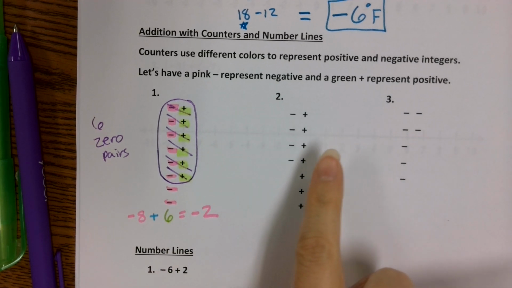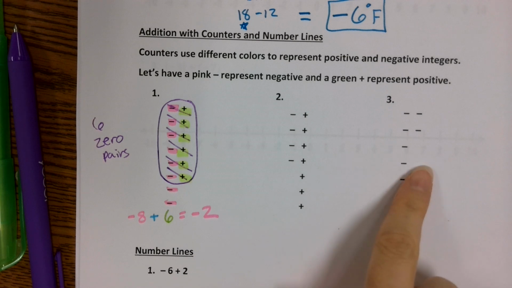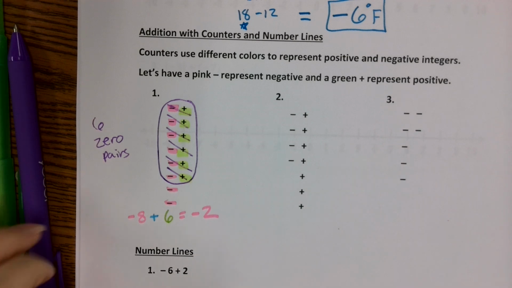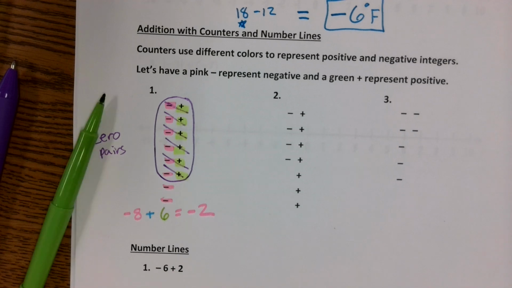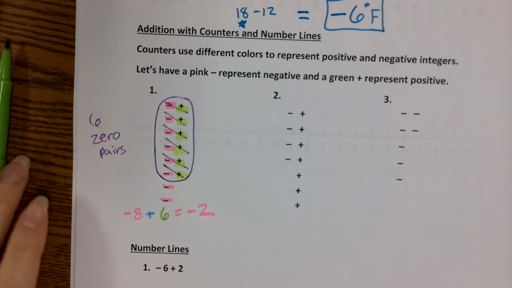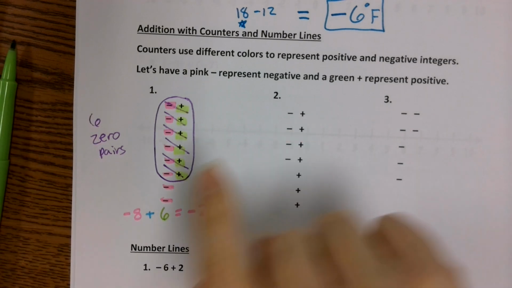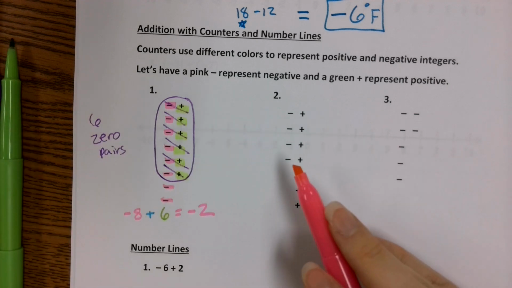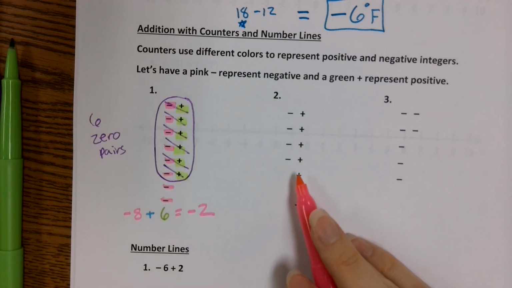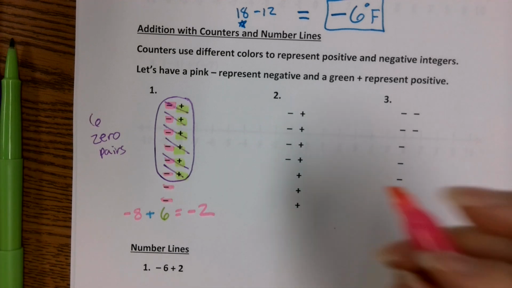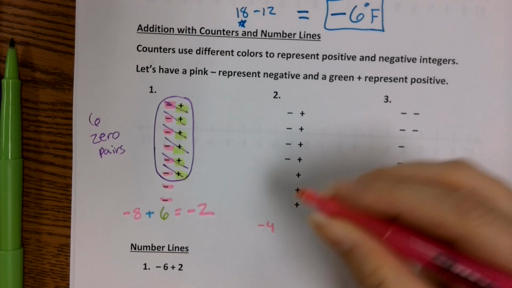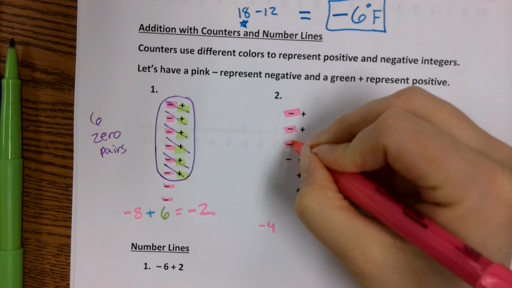I want you guys to do the exact same thing for problems 2 and 3. Okay, so for here, when we're writing our expression, we start off with the very first value. What's the first value that we're going to write? -4. Okay, so we have 4 negatives.